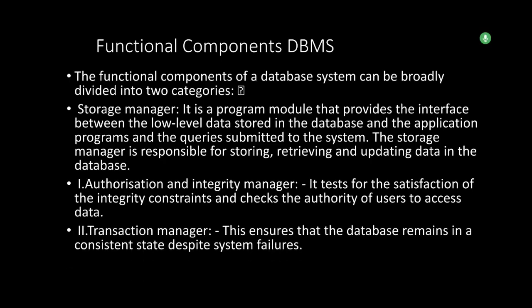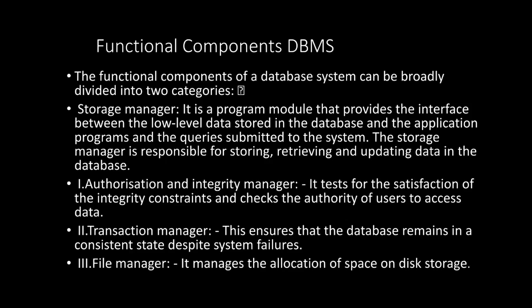Next type is the transaction manager. This transaction manager ensures that in case of system failure, the results produced are consistent. They should be consistent and correct, despite the failure of the system. Next is the file manager. File manager is basically the OS, operating system, which allocates the files or the disk space for the database.